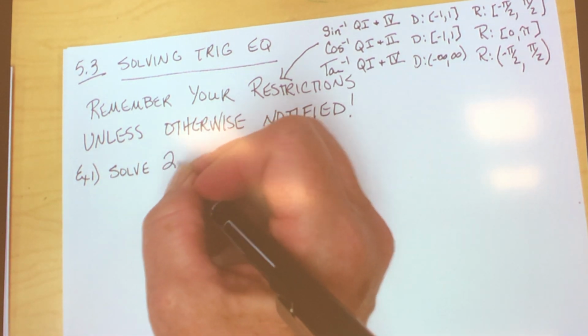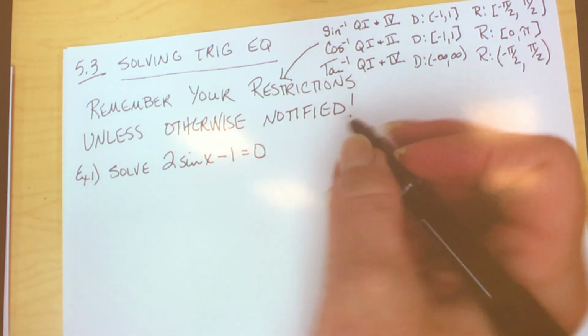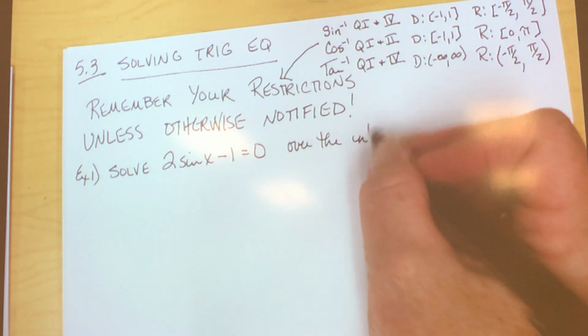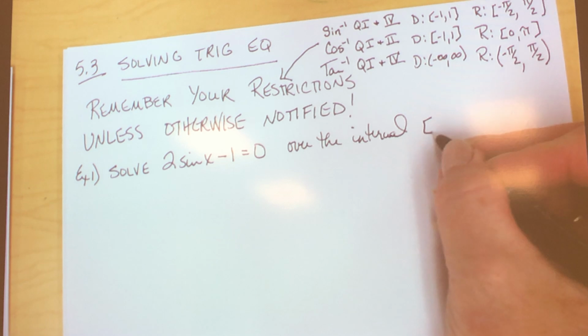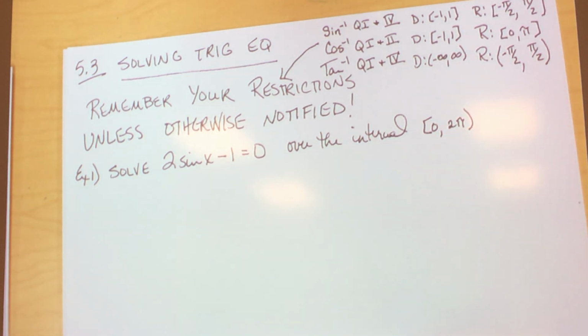Solve 2 sine x minus 1 equals 0 over the interval 0 included to 2 pi excluded.